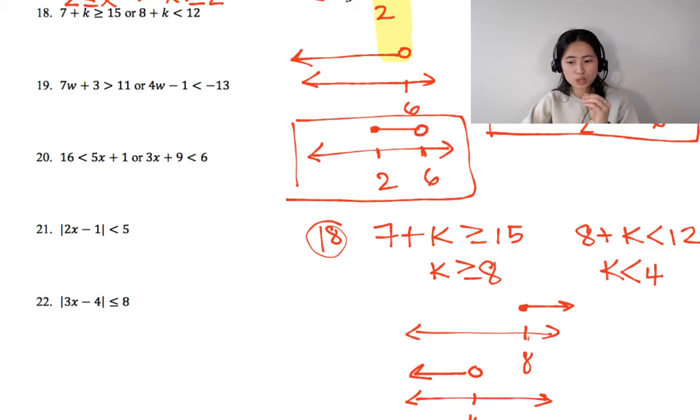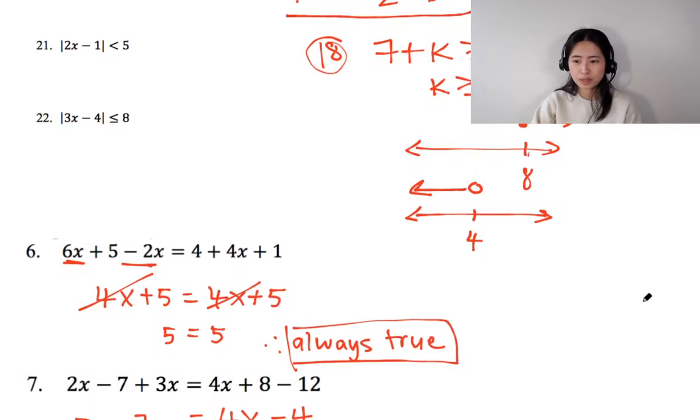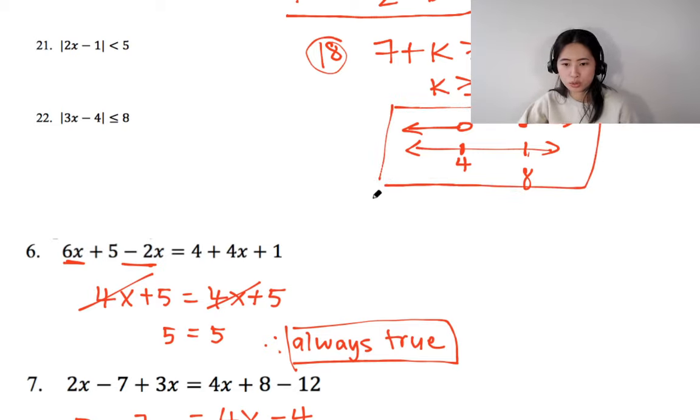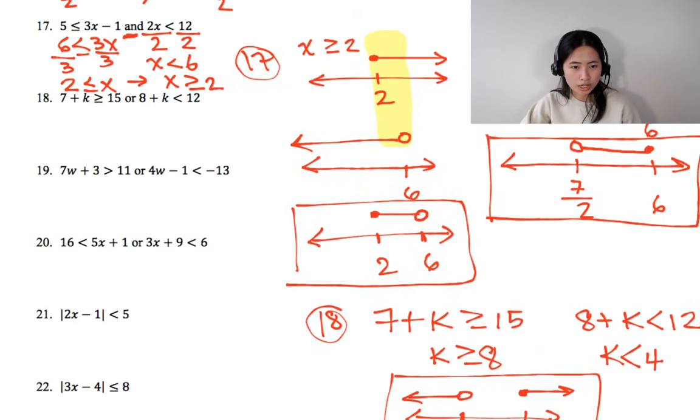You're supposed to draw them together in one graph, right? So, hold on. I'm going to move the 4 right here, and this is your graph. Okay, so that's how you're going to draw number 18 in terms of the graph.